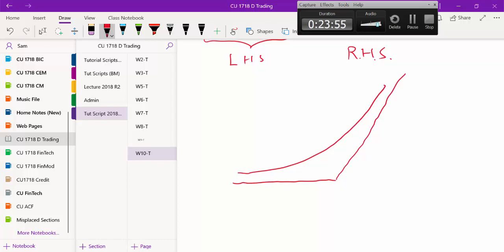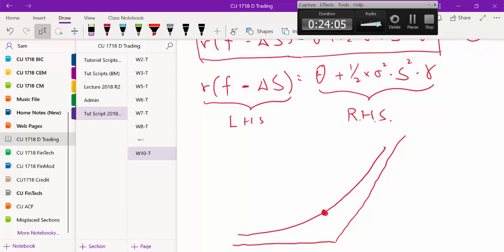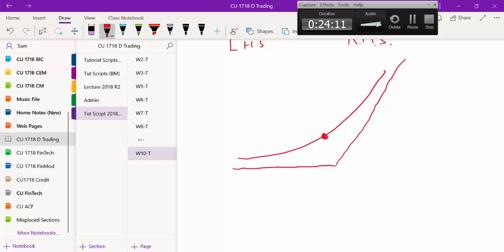So hard to draw these things. And so what I was saying to you was that if you are long a call, and you actually delta hedge it with some stocks, delta times the price, then when the market goes up, your option is going to make more money, so more profit.